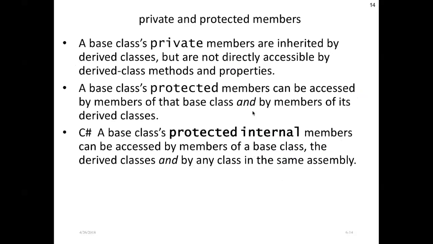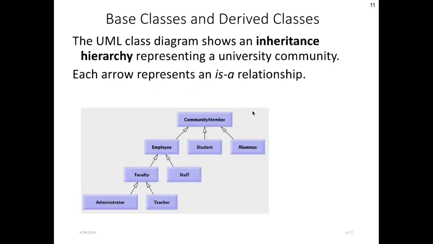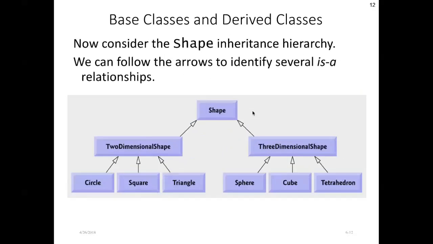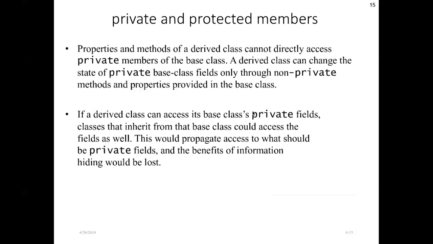Okay, as I am telling you, private properties are not inheritable. Private properties cannot be inherited. But there is a way to use private properties. Now I will explain access modifiers.